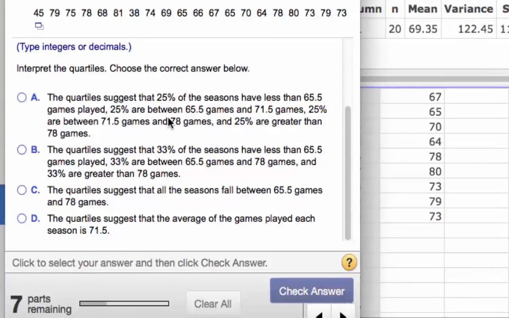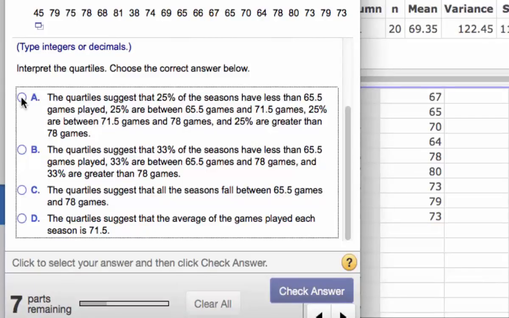Were those the right numbers for the quartiles? Yes. And it's saying that exactly 25% of the data is between the quartiles. So we think A is true? Yes. Let's mark it and read the others. 33%, 33%, 33%. No. Quartiles, right? Quarter, 25%. So the name is very indicative.